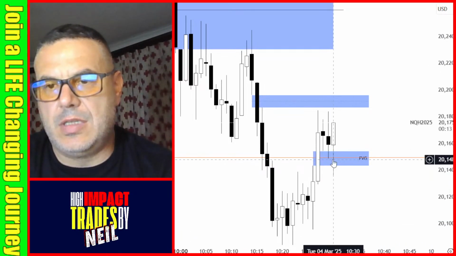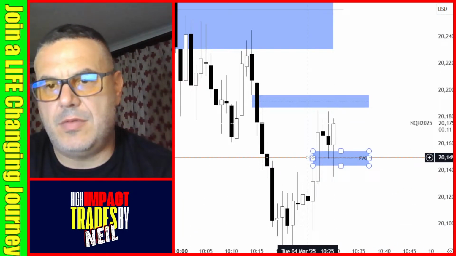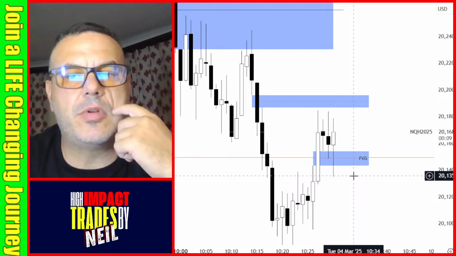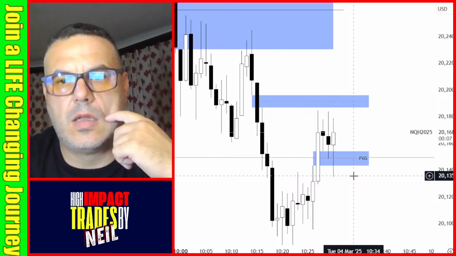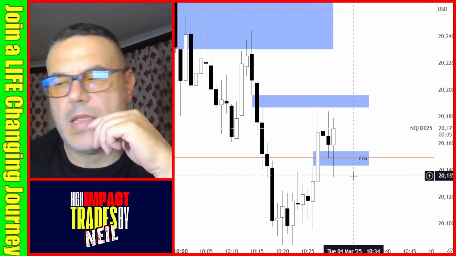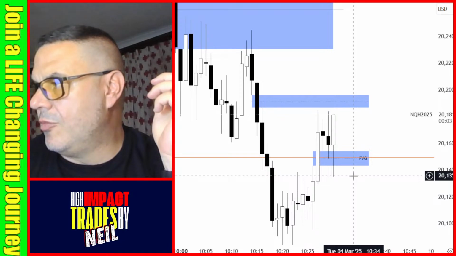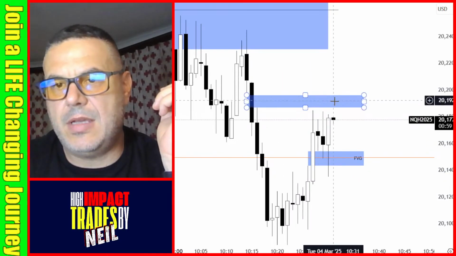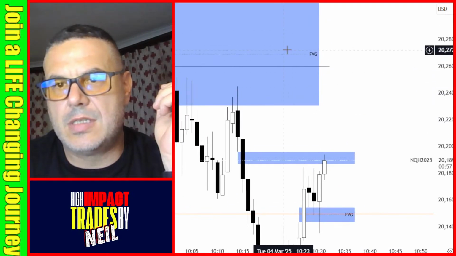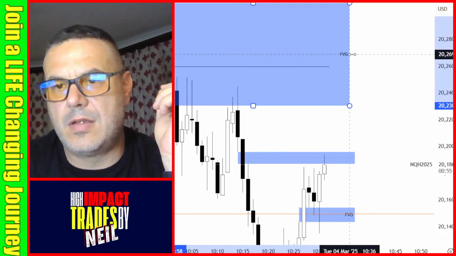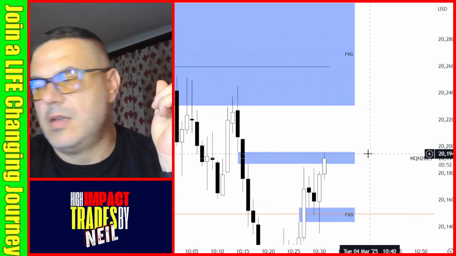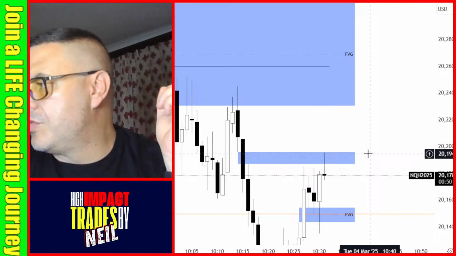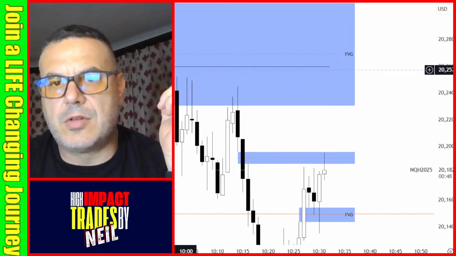Nice support on this fair value gap down here with that pivot point that lines up perfectly. But I'm going to need more to take price higher. If we close above this fair value gap here, I might look to take it up here, because we've got all this liquidity here.